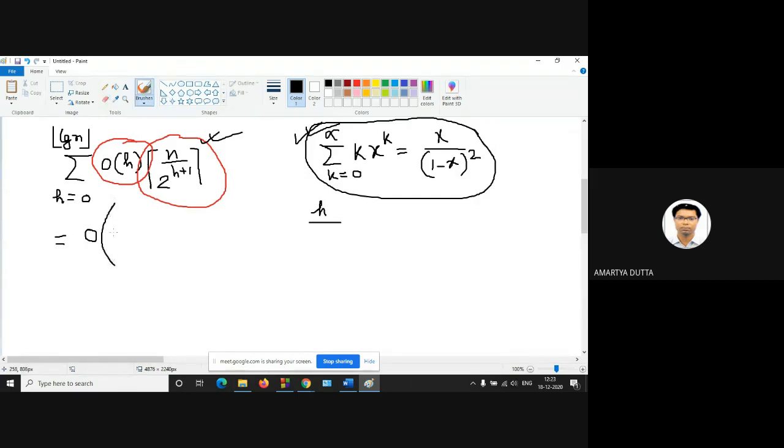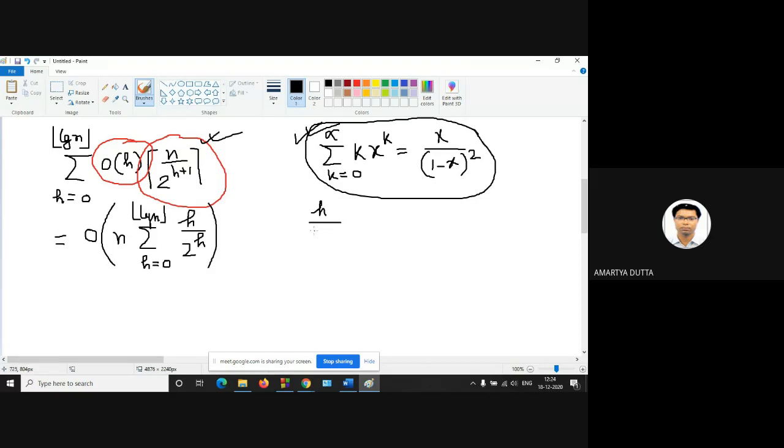So order of n, and sum over h divided by 2 to the power h, where h runs from 0 to log n. Why do we omit the 2 to the power 1? It is a constant term.